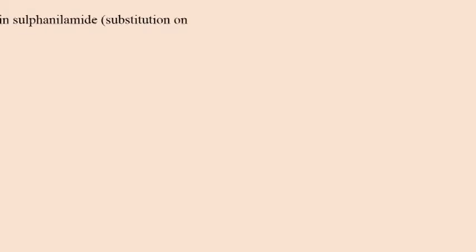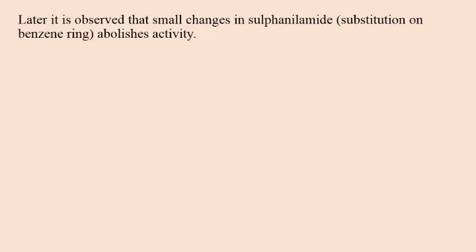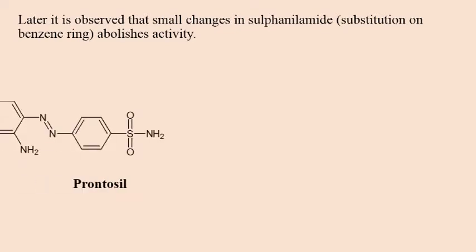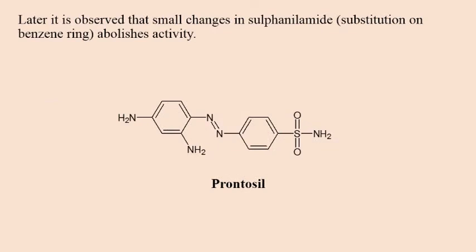Now, later it was observed that small changes in sulphanilamide, that is para-aminobenzene sulfonamide, on the benzene ring substitution, reduce the activity. This was the observation. Now this is the structure of Prontosil which we are talking about.